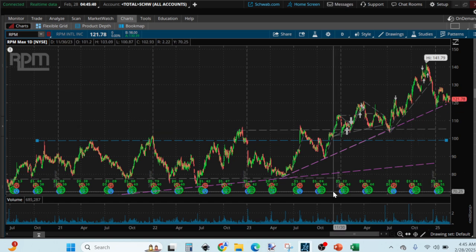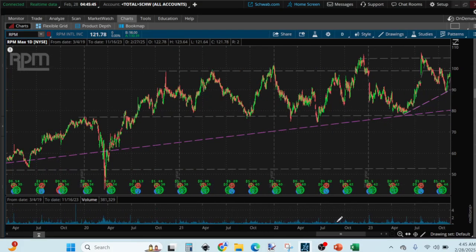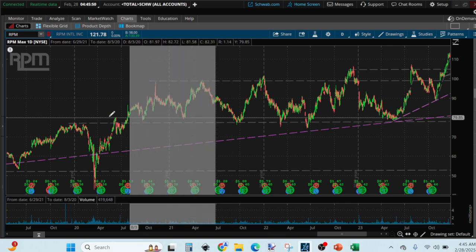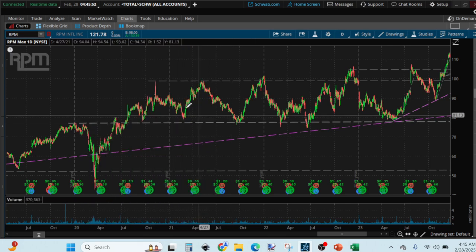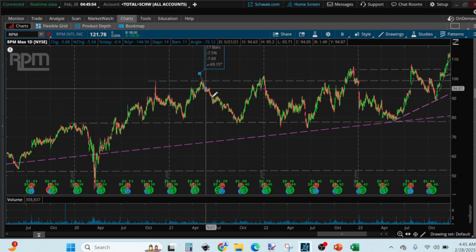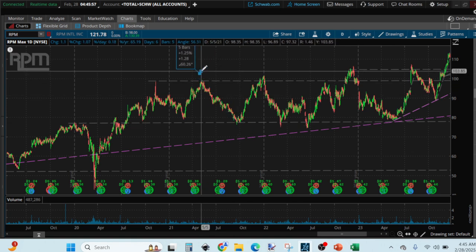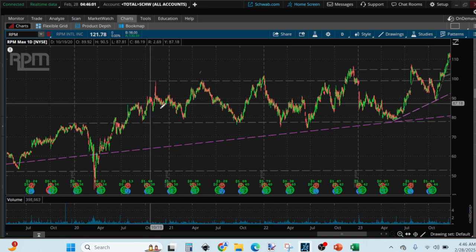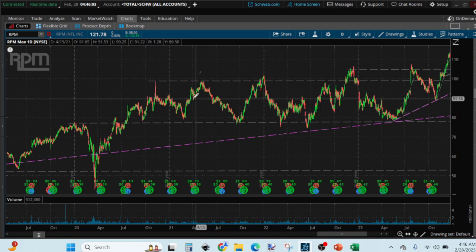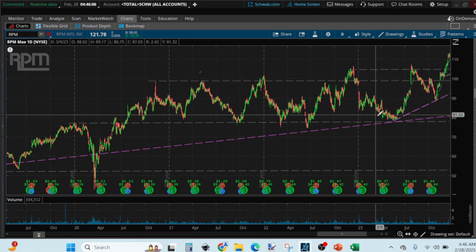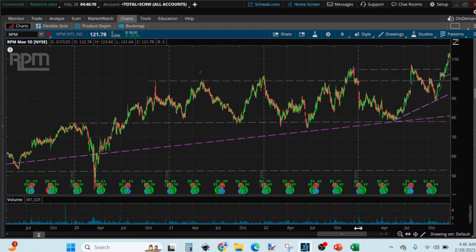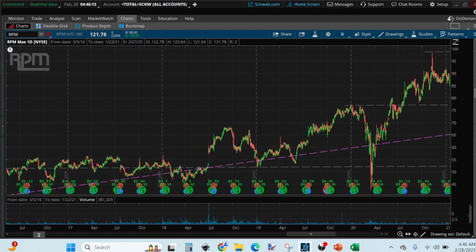So we just don't know if it's going to repeat the same scenario here, where it pulls back, goes up, pulls back, goes up a little bit higher, pulls back, and so forth. Pretty much consolidates around that area before reaching the trend line and going up from there. Why did it do that?